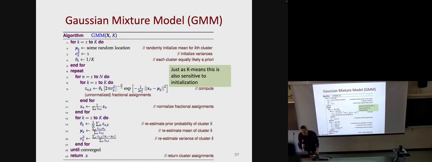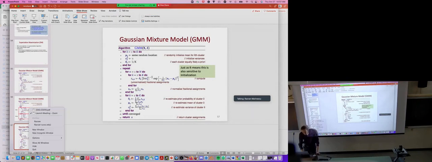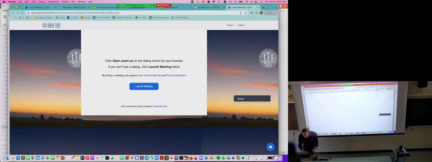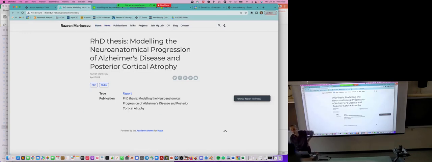I think it's very nice, and it shows you just how powerful it is, how you can apply it to solve real problems, and you can fit much more sophisticated models, not just mixtures of Gaussians. I've taken this from my PhD thesis, and you can find it on my website and also online.